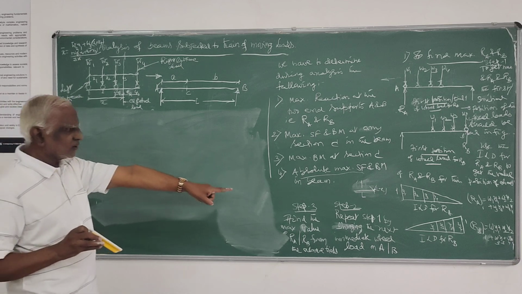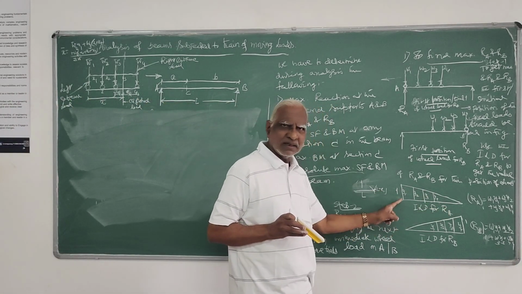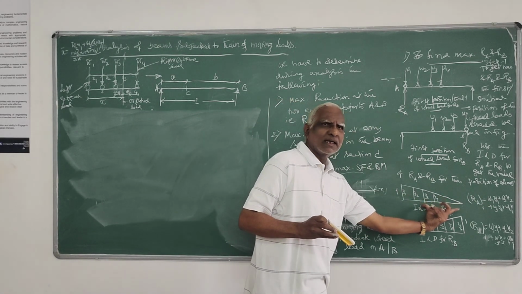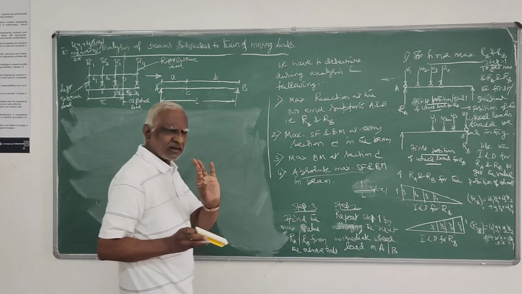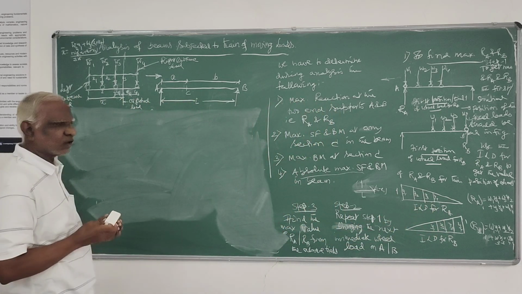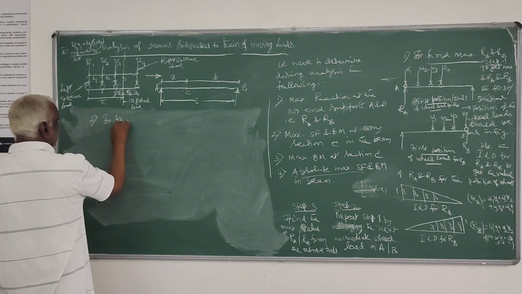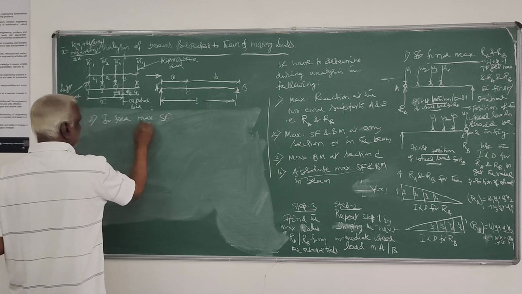I told you, first you arrive at one value, that is 1 divided by L, as I have told here. That value you simply multiply by the distance of the other ordinates where you have to determine. That is a very simple calculation, and you have to do it fast.